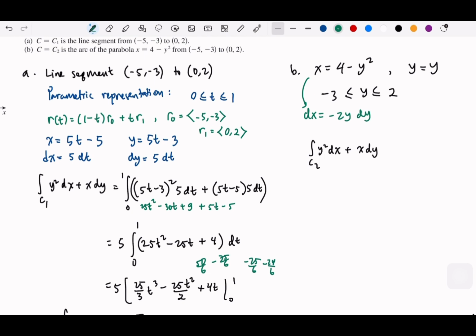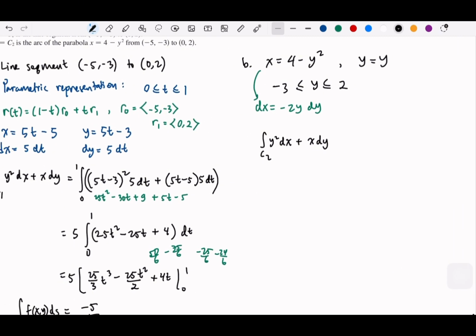So this will be the integral from negative 3 to 2 of y squared times negative 2y dy, plus x, which is 4 minus y squared, times dy.